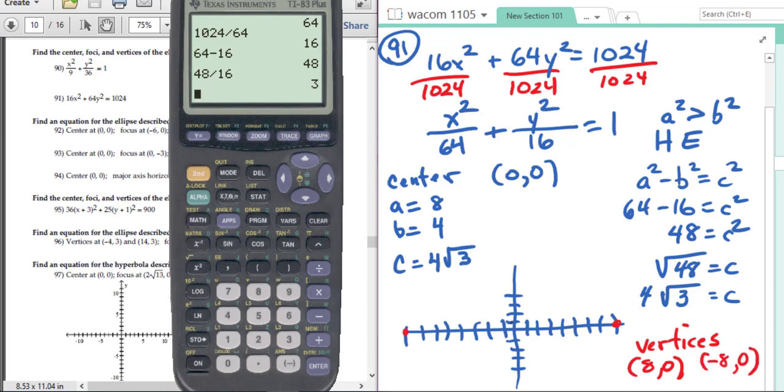Our other endpoints, I don't think it asked those, are (0, 4) and (0, -4).